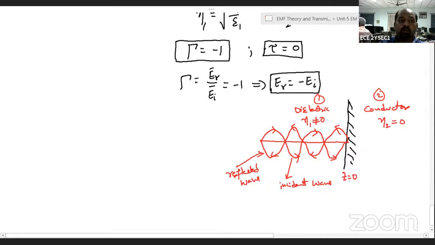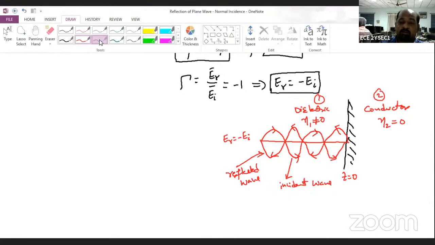So this is the boundary, and at the boundary there is phase reversal, ER is equal to minus EI, and none of the wave transmits.